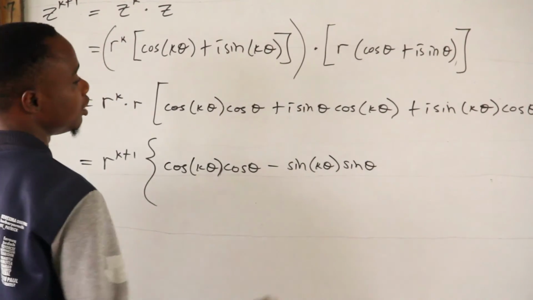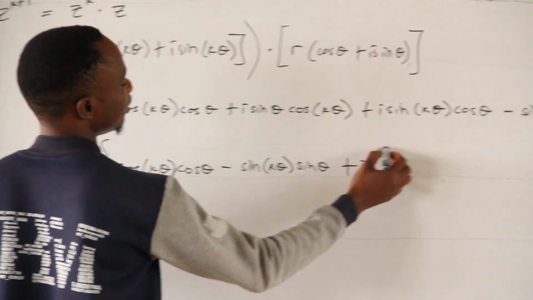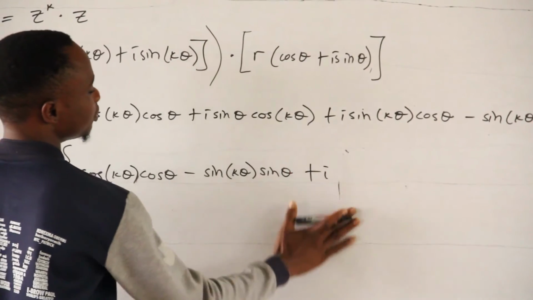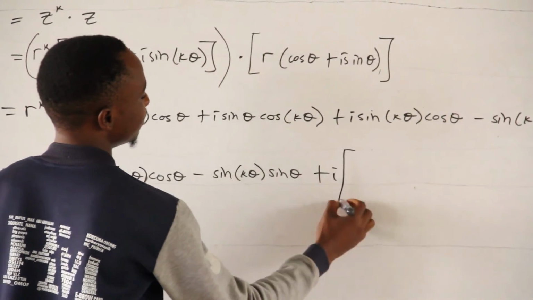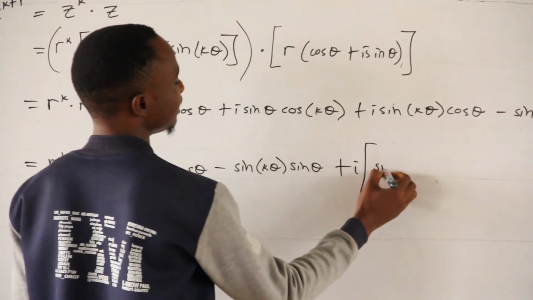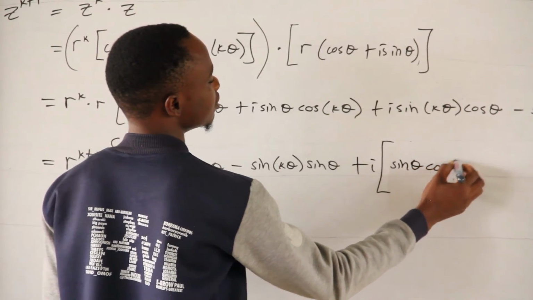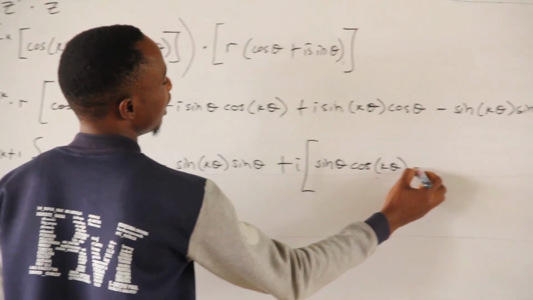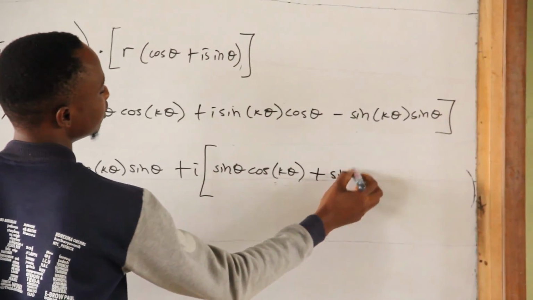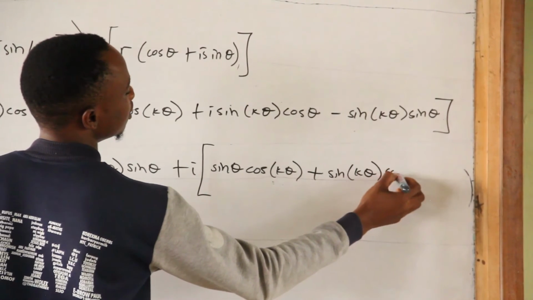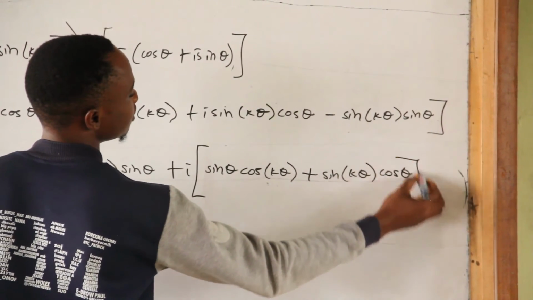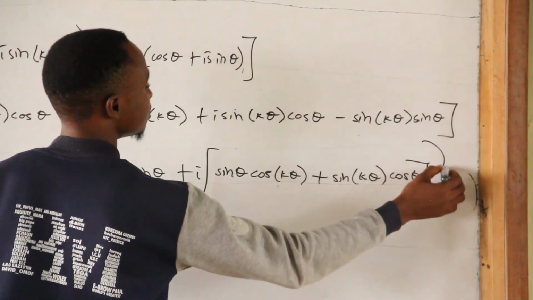Pay attention. Then I'm going to have plus i into, so put those that carry i together, sine theta cos k theta plus sine k theta cos theta. Is it making sense? Yes.